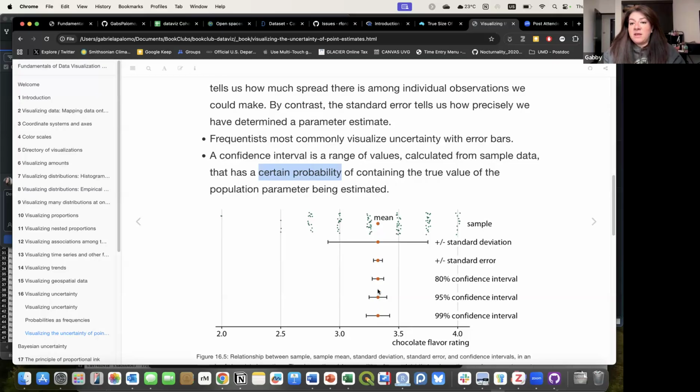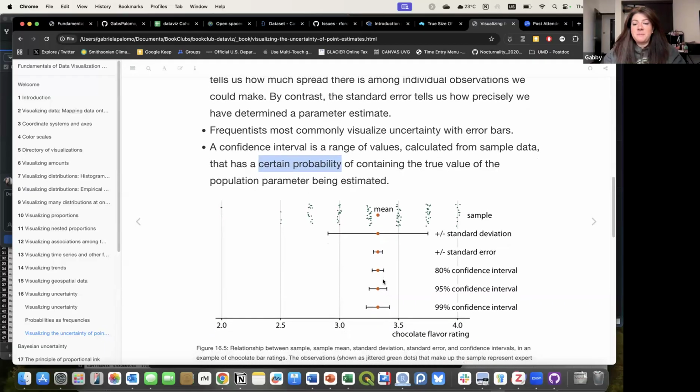And if we do it with the 80%, which is why it's narrower, that means that if we repeat this experiment 100 times, 80 times out of 100, the population mean is going to be included within that range. So that's how a confidence interval is interpreted.